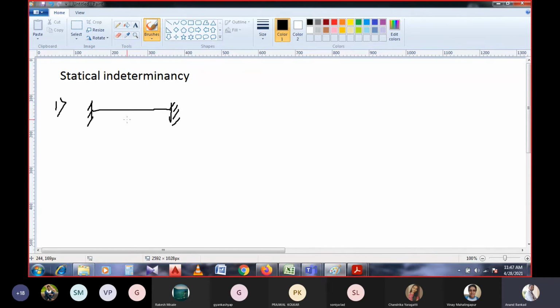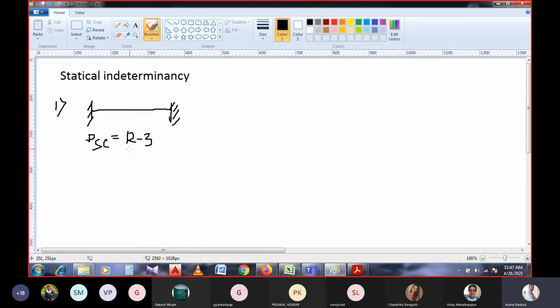The question asks for the number of statical indeterminacies. How do you calculate DSE over here? DSE is nothing but R minus 3, correct?